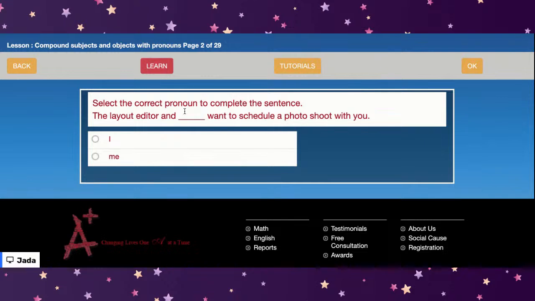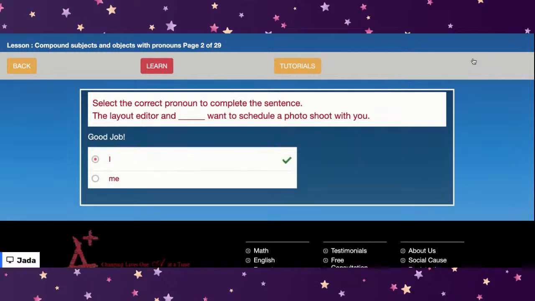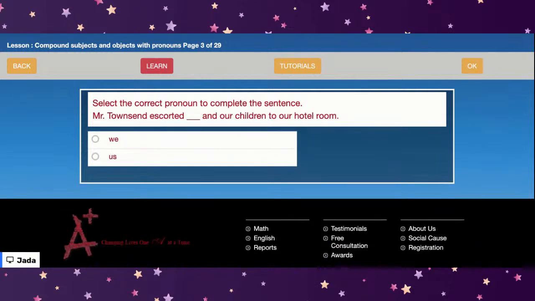The layout editor and Dash want to schedule a photo shoot with you. The layout editor and I want to schedule a photo shoot with you. It could also be: I want to schedule a photo shoot with you. Okay. Mr. Tom escorted Dash and our children to a hotel room.